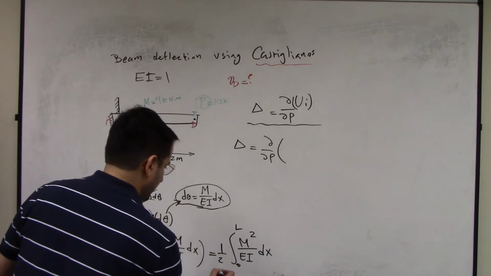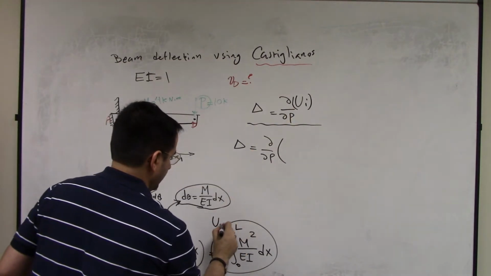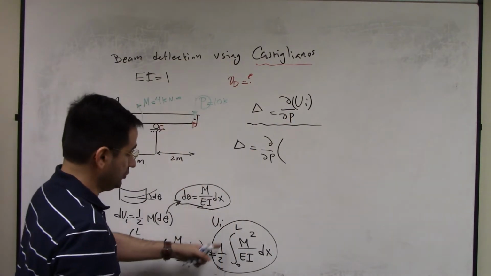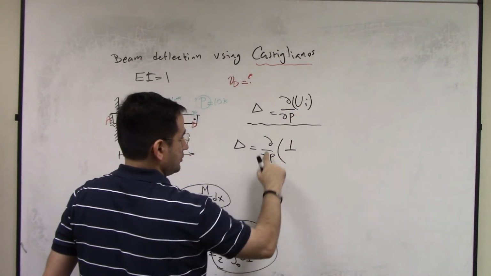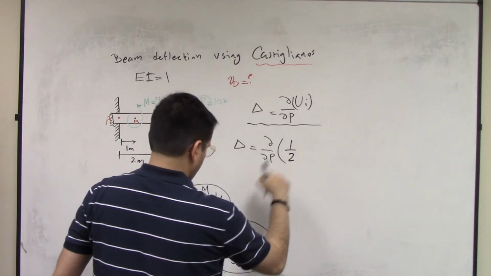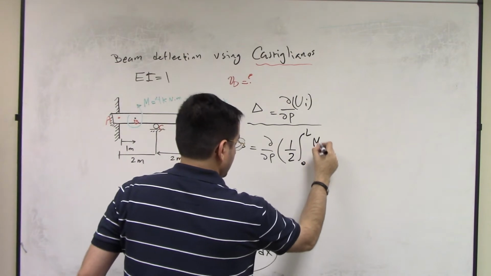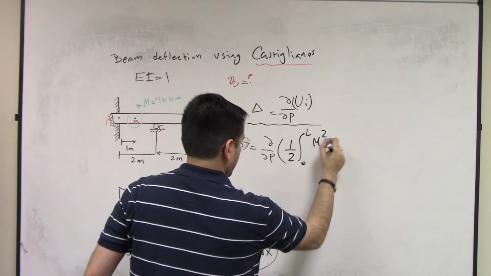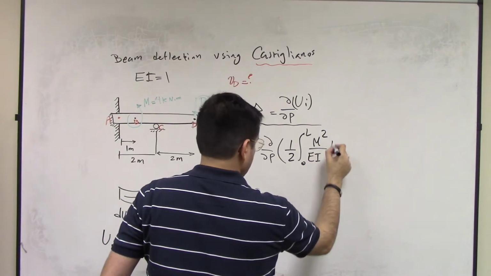So this is my U_i that I should use here, the internal energy in the entire beam. So I just put it here. So you say, instead of U_i, I do partial P times, inside this, 1 over 2 integral 0 to L of M squared over EI dx.